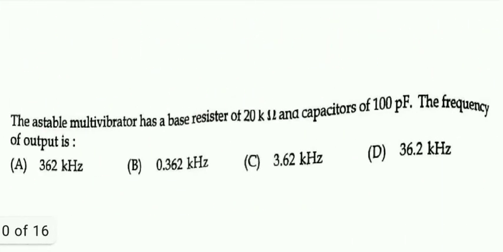Now the question is, the astable multivibrator has a base resistor of 20 kilo ohm and a capacitor of 100 picofarad. What is the frequency of output?